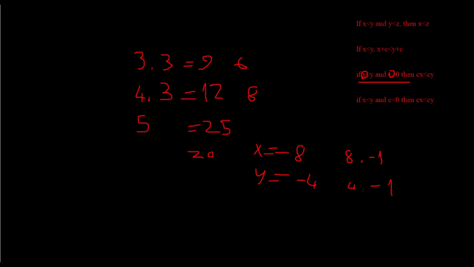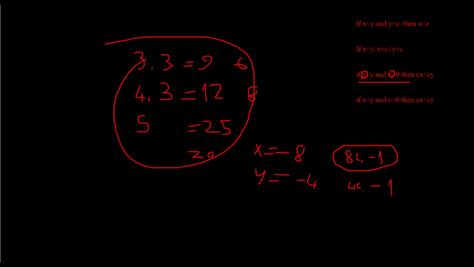Now, if we multiply both of these numbers with c, we would get 8c times minus 1 and 4c times minus 1, just like we have written right here, so we would get a bigger difference in a positive way, because c is a positive number, as the information given says.